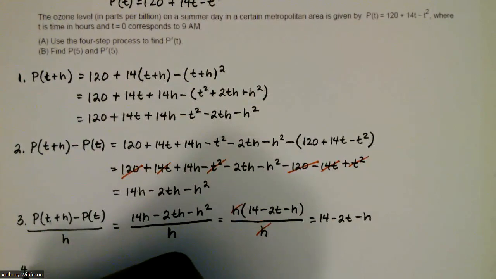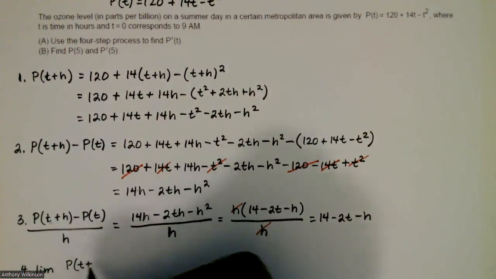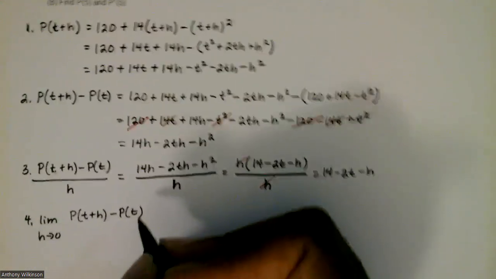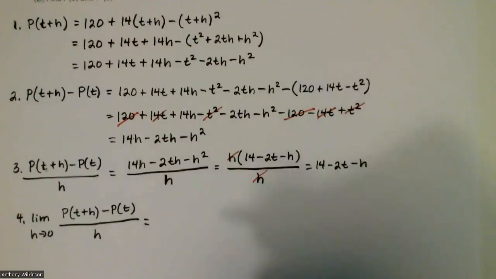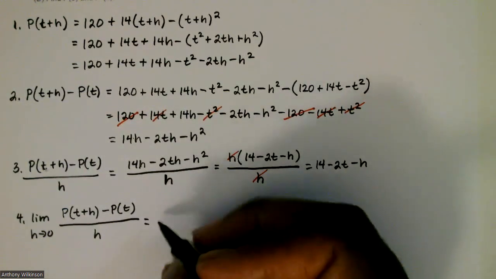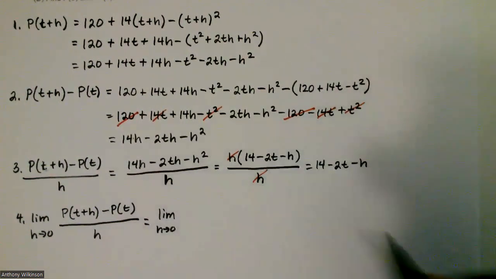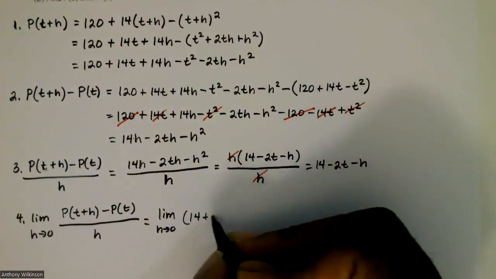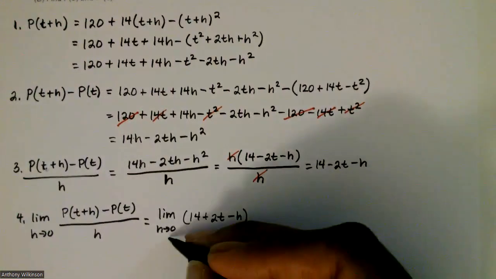And then finally take the limit as H approaches 0 of P of T plus H minus P of T divided by H. So in this case here, that limit as H approaches 0 of this 14 minus 2T minus H. Now this H will go to 0 as H approaches 0.